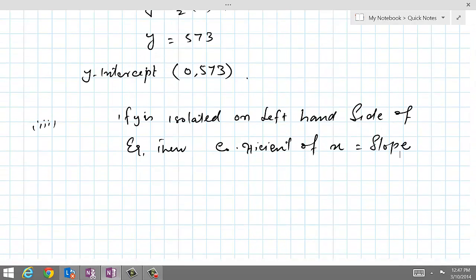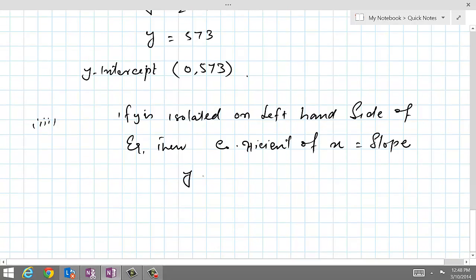So here, if y is equal to 1 by 2 x plus 573, the slope is equal to 1 by 2, because that's the coefficient of x.